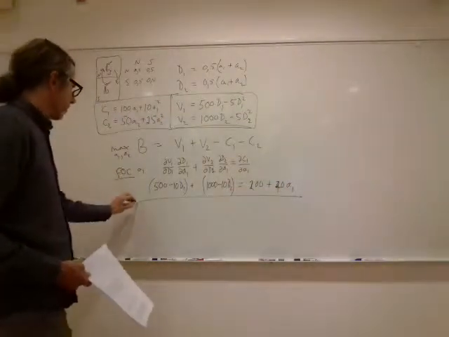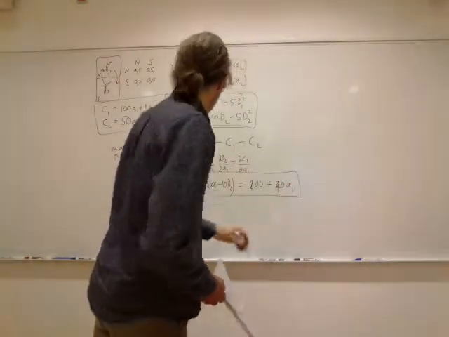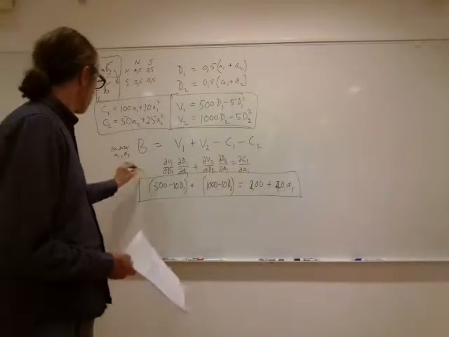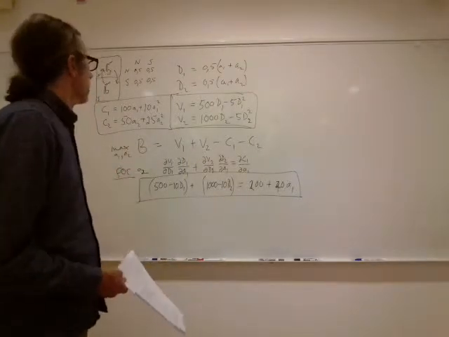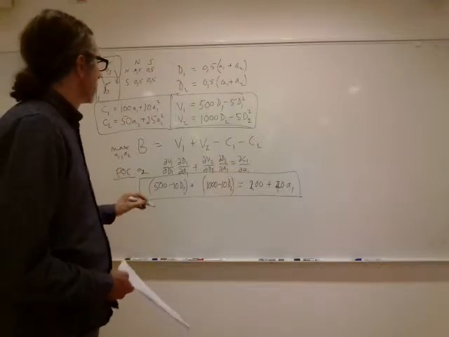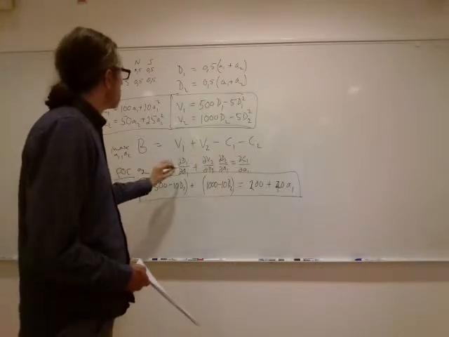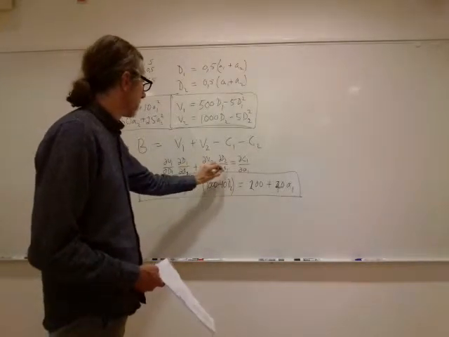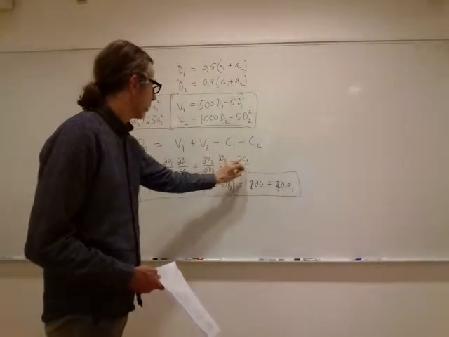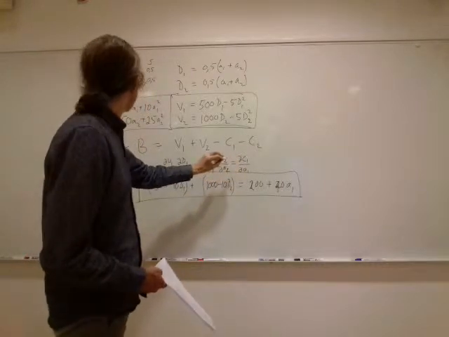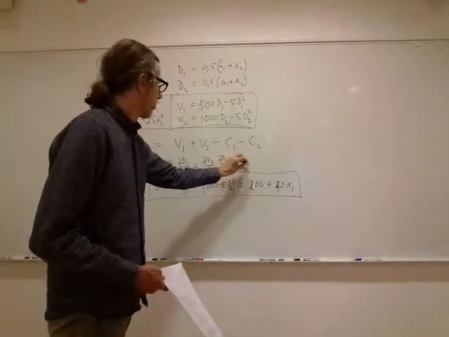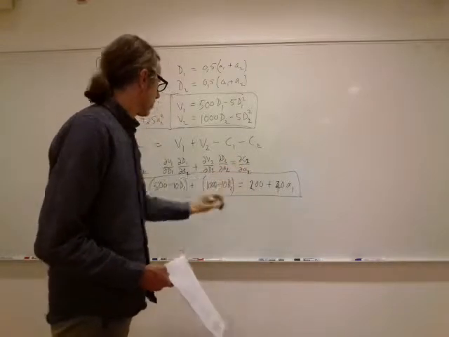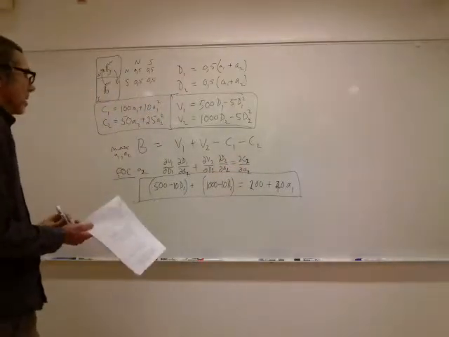And the first order condition in A2 is going to be, being lazy, dV1/dD1 times dD1/dA2 plus dV2/dD2 times dD2/dA2 equals dC2/dA2.